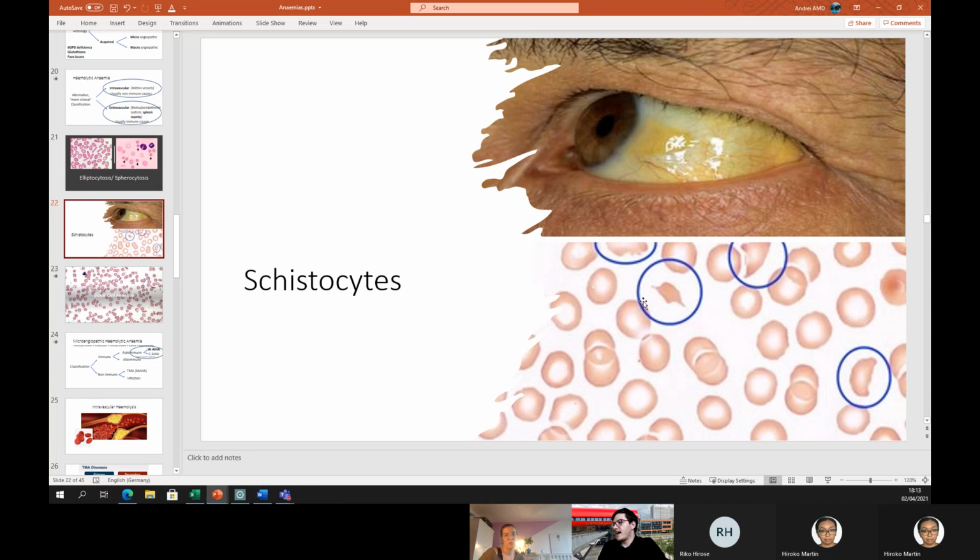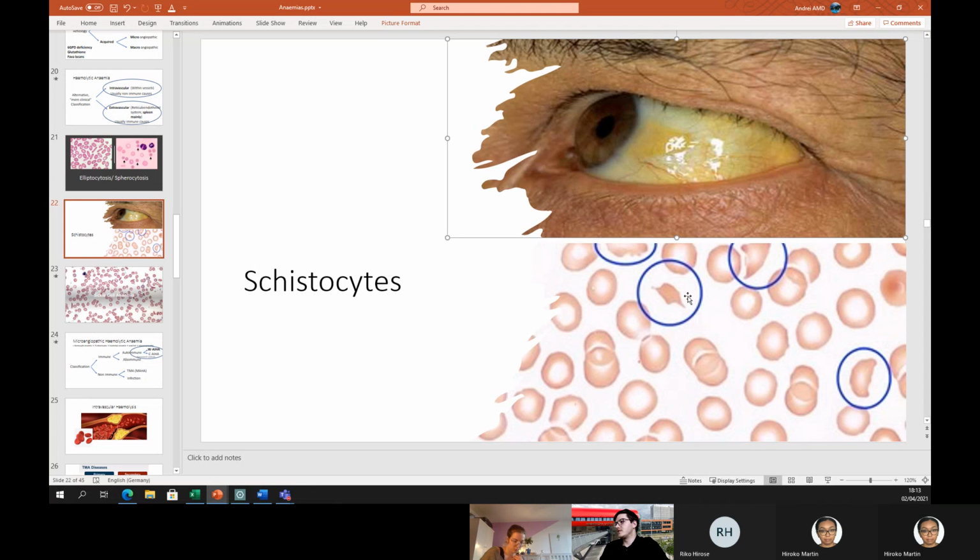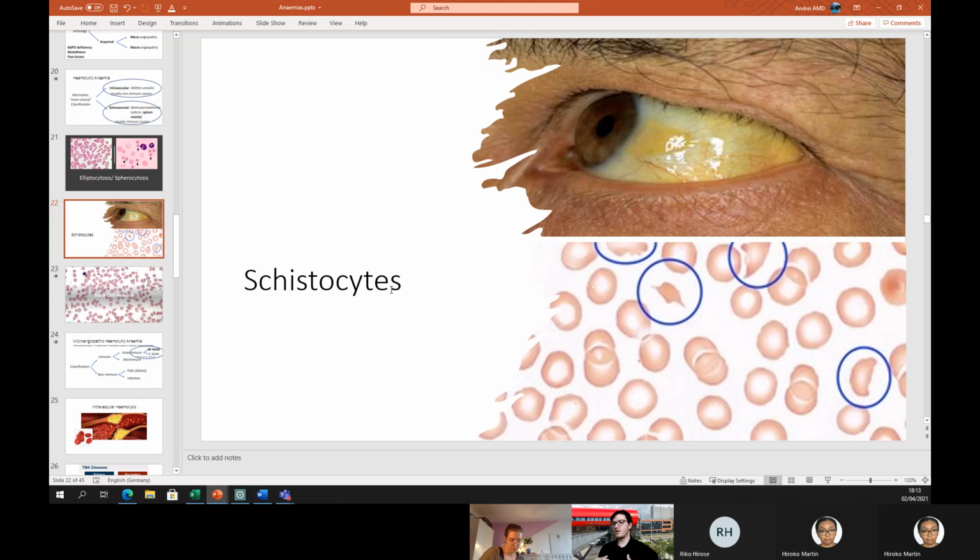Then usually a lot of hemoglobin is being released, and therefore the patient will be jaundiced. There's an increased load on the liver. It can't process that much hemoglobin, therefore you will have unconjugated bilirubin showing up in the skin, sclera, and so on.